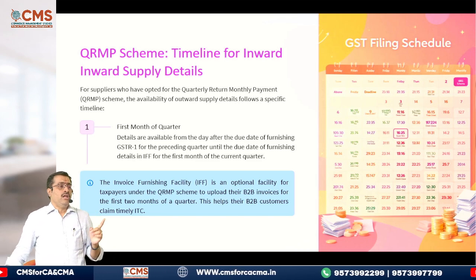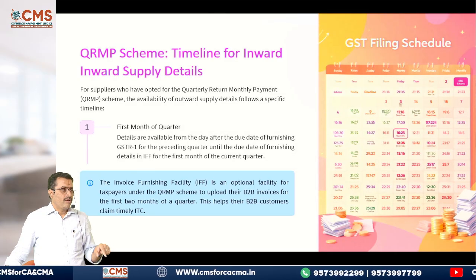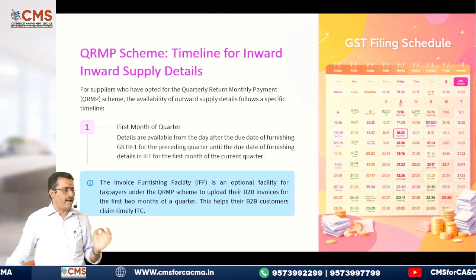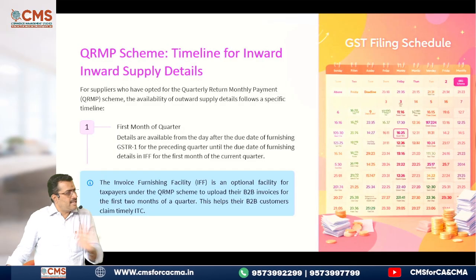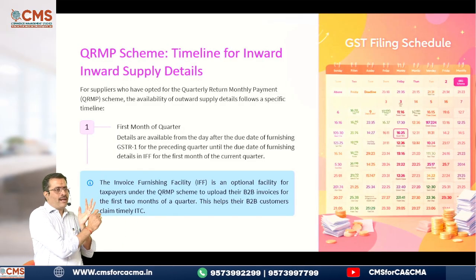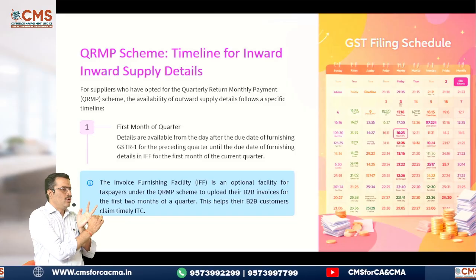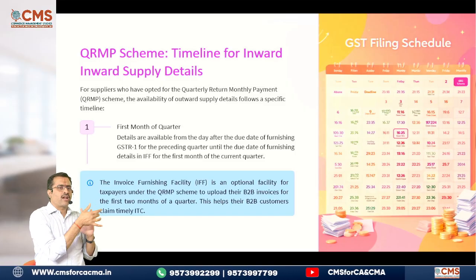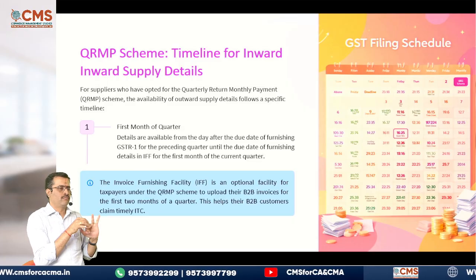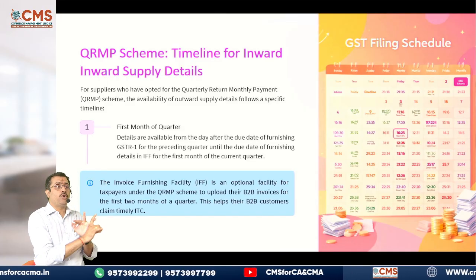And in IFF, only B2B invoices will be recorded, not B2C. So in case I have B2C in April, B2C in May also, in June, I have to record B2C of April, B2C of May and B2C of June. But it is not the same with B2B.